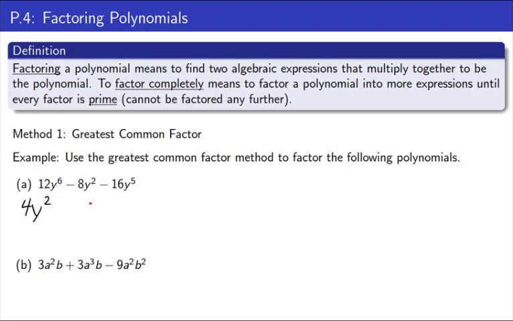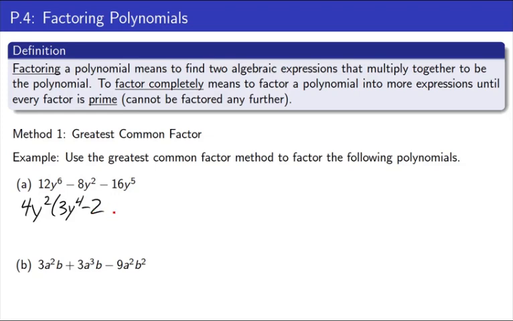And then all we're really doing is seeing what's left if you were to multiply them back together. It's a type of division in some ways. So 12 divided by 4 is 3. And then what would have to remain to get the y to the 6th? Y to the 4th. You're basically subtracting your exponents. Next one, if I take the negative 8 and factor out a 4, I get a 2.